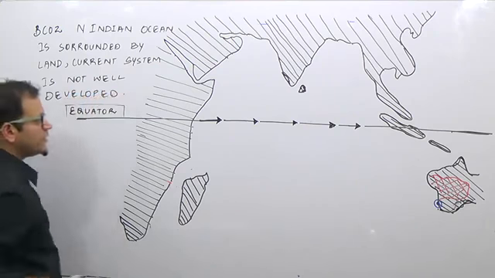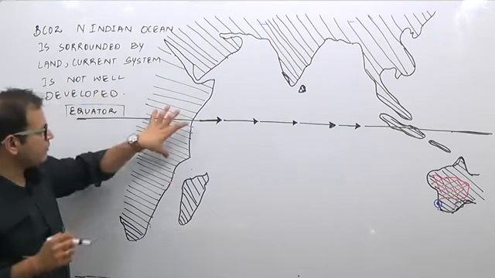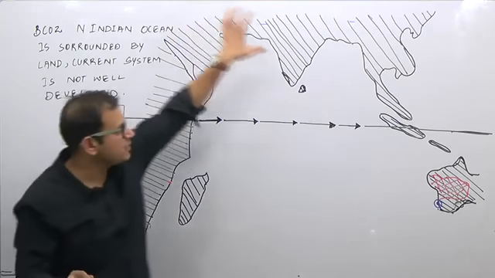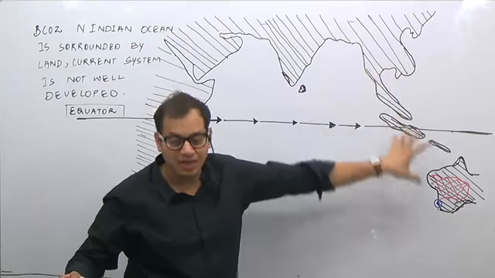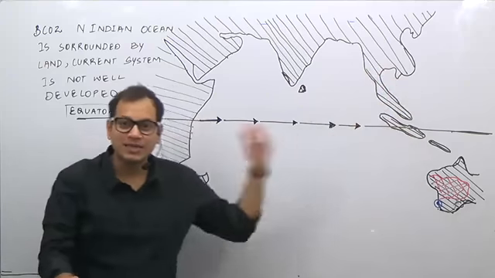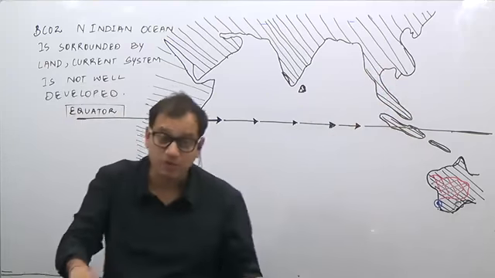It is surrounded by Africa, the Middle East, the Indian subcontinent, and Southeast Asia, so Java and Sumatra in this region. Therefore the current system is not well developed.